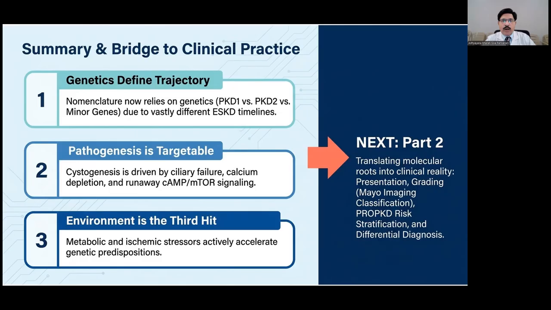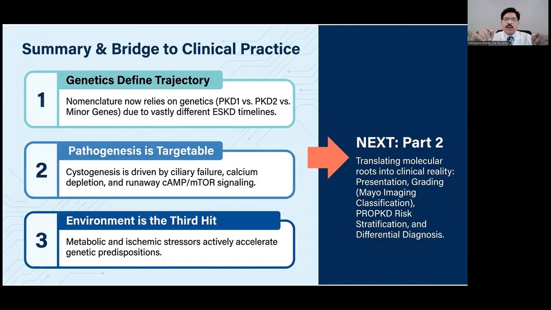Is it PKD1 or PKD2 or a minor gene? You have to identify. Don't stop short at clinical or radiological diagnosis, you have to make a genetic diagnosis, because the prognosis of PKD1 is much poorer compared to PKD2, and minor genetic variants are less dangerous due to vastly different ESKD timelines. PKD1 has a very short timeline, PKD2 is less aggressive, minor genes still less aggressive.